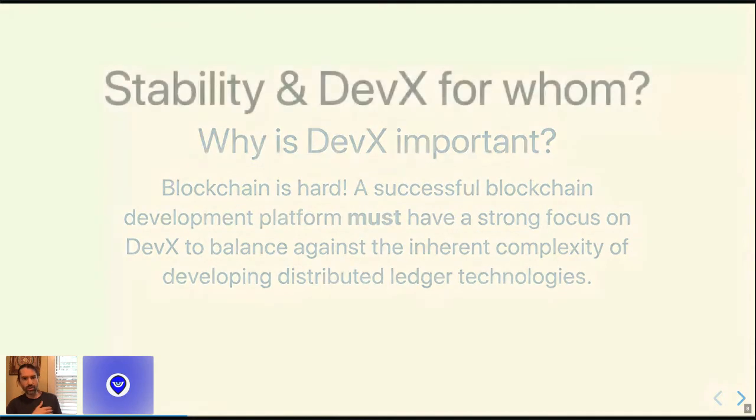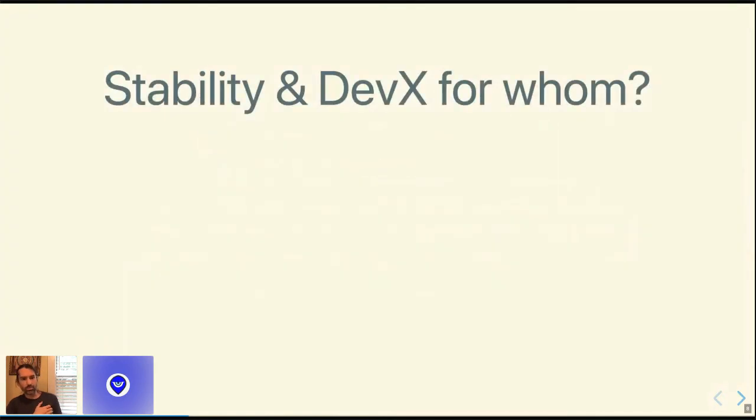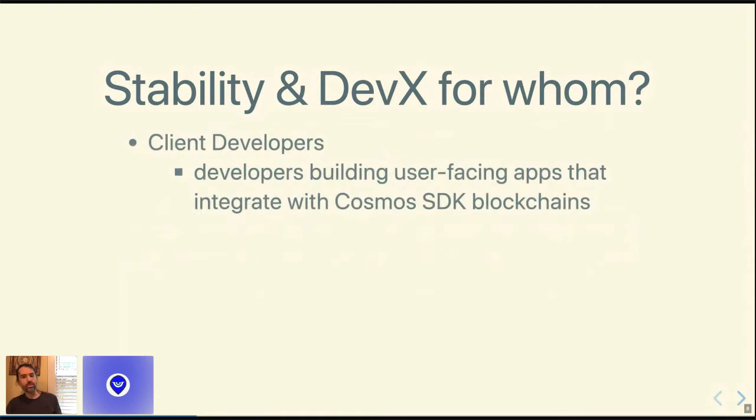Okay, so the next question I want to put there is who are we trying to achieve stability and good developer experience for? And I want to talk through three different user groups that I'm considering for the Cosmos SDK. One is client developers. These are developers building user-facing apps that integrate with Cosmos SDK blockchains.